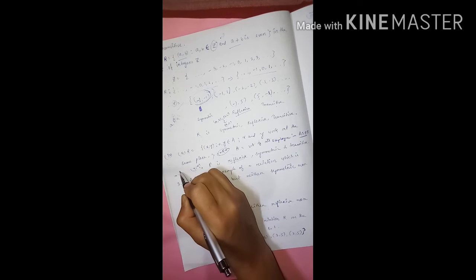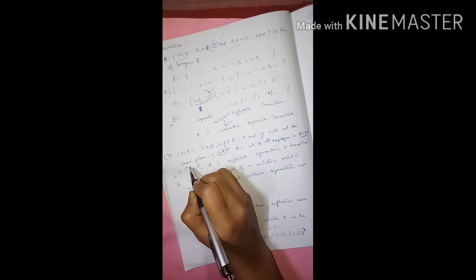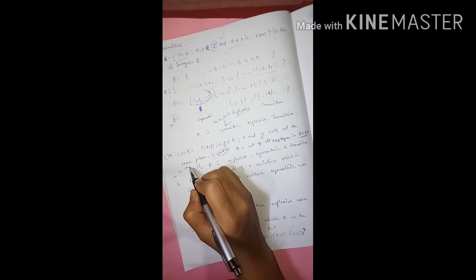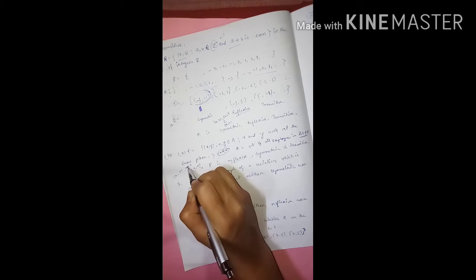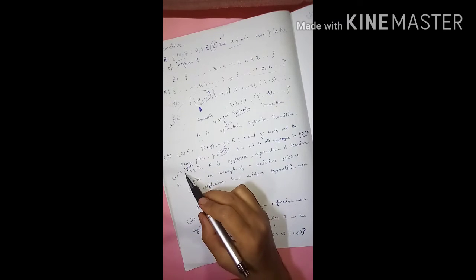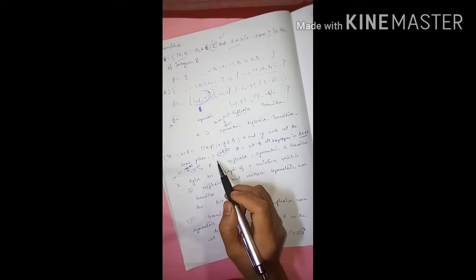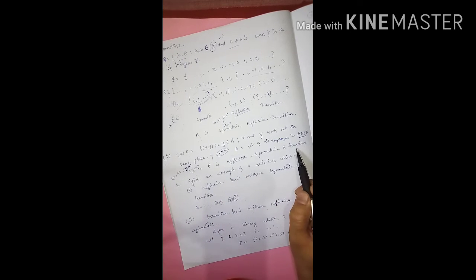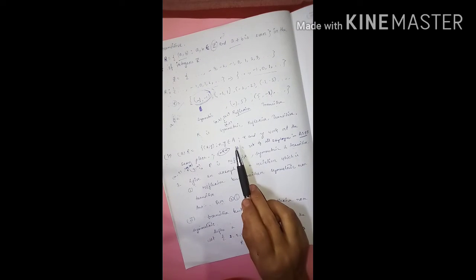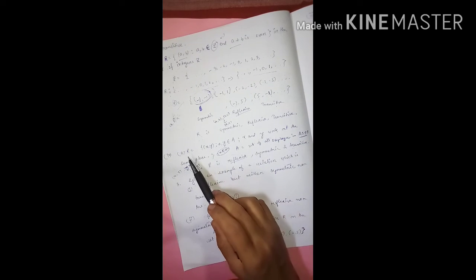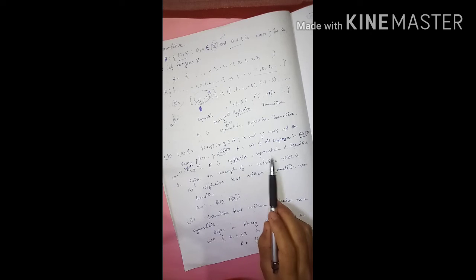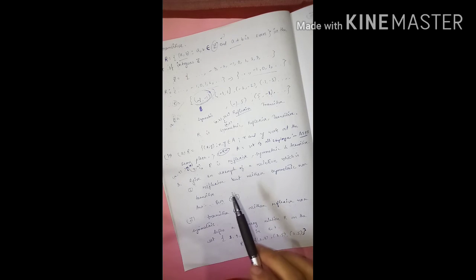If we take (x, y), then the other pair is (y, x). Then we have (x, x). So R is transitive also. So this is very obvious. R is reflexive, symmetric, and transitive. I have not written down the solution, but I think you are getting it.